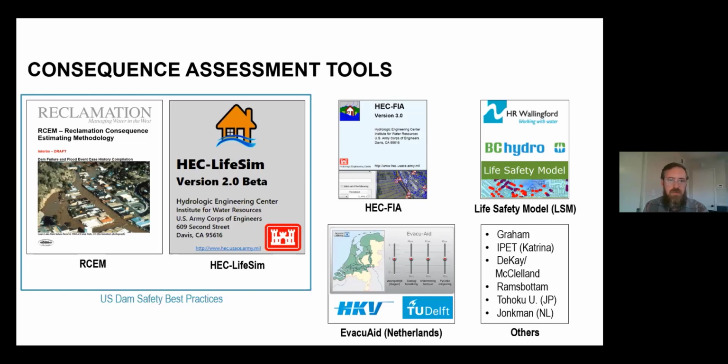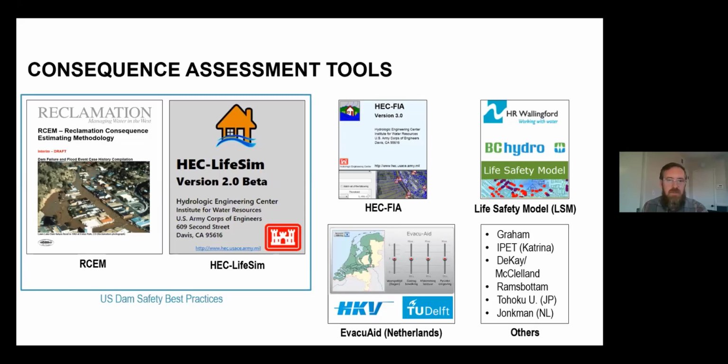HEC, the precursor to LifeSim was FIA, Flood Impact Analysis software, which is still available from HEC. And it has a more simplified evacuation routine in it. So it's kind of been replaced now in some part by LifeSim. Another agent-based model is the life safety model, developed by BC Hydro originally and now taken over by HR Wallingford.